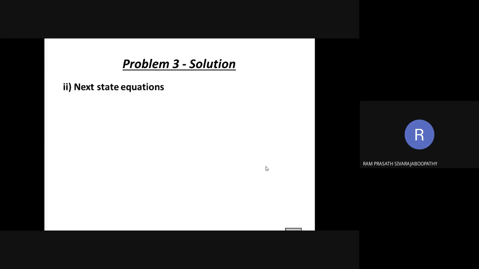So next, what are we going to do? State equation of A flip flop. QA of T plus 1.